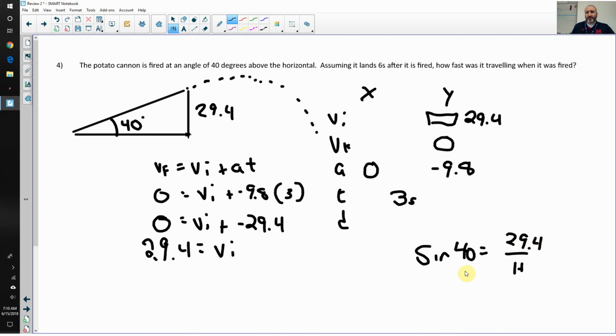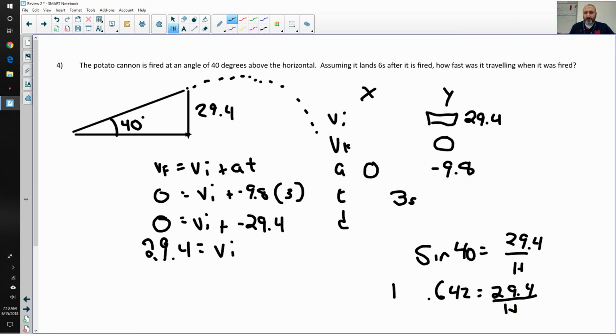And the thing that we said at the beginning of the year, this is just a number. So sine of 40 is 0.642. And that equals 29.4 over h. Multiply both sides by h, divide both sides by 0.642.